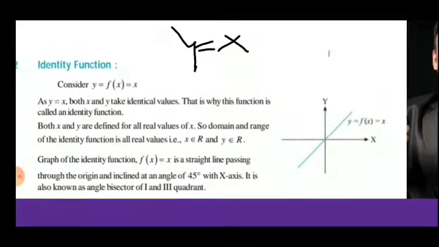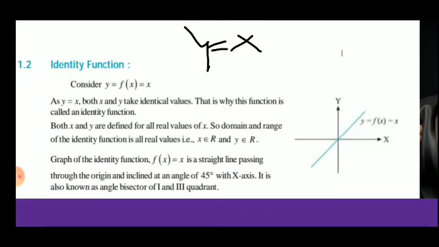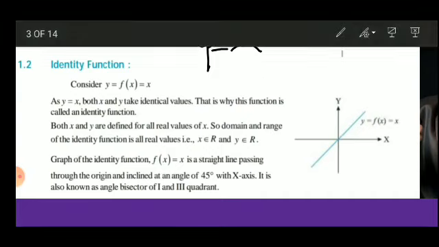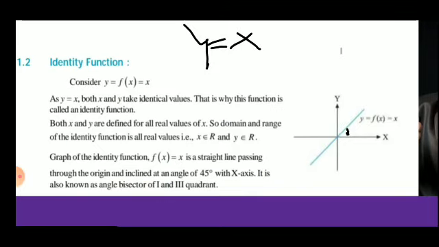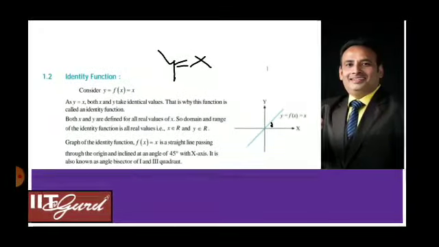The domain is all real numbers, the range is also all real numbers, and it makes an angle of 45 degrees from the positive x-axis. That is also called the bisector of the first and third quadrants, as it bisects them at a 45 degree angle.